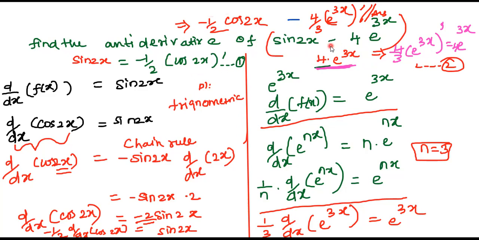But in our question, they asked us to find the antiderivative of the expression, which is sine 2x minus 4 e power 3x. So you just have to club these answers. See, initially we separated this into two parts. Now we just have to club these answers with the negative sign. That's it. Yes, ma'am, yeah, I got it. You got it? Fine.